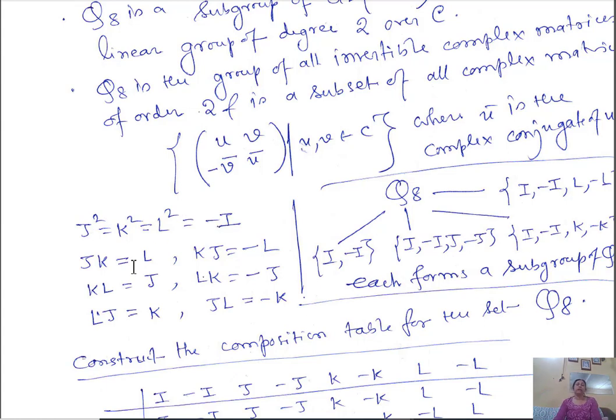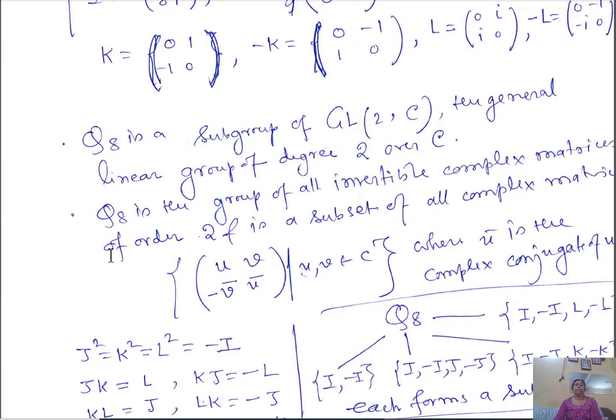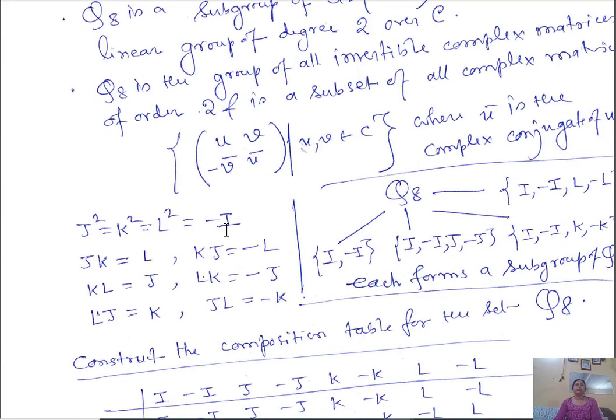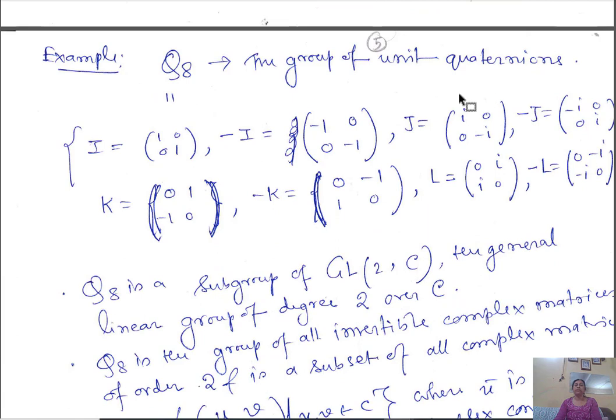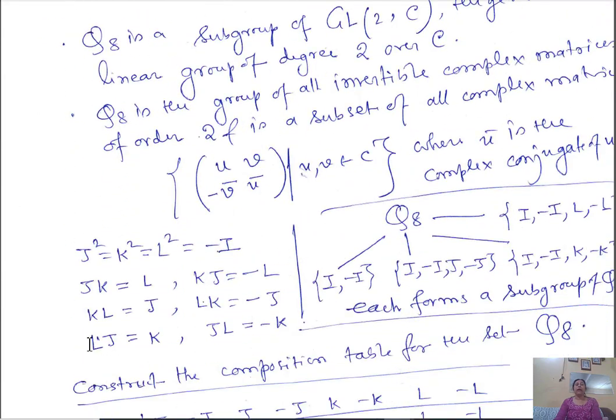And you can check that J square equals K square equals L square equals minus I. And JK gives you L, KL is J, LJ is K. KJ is minus L, LK is minus J, JL is minus K.